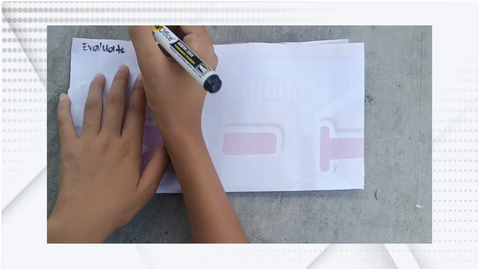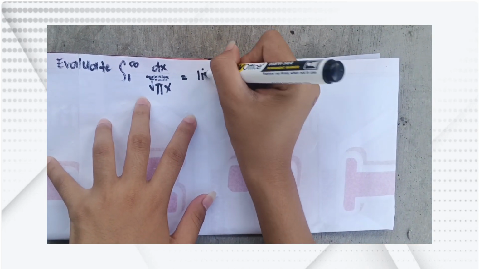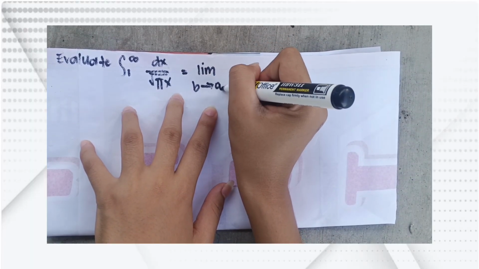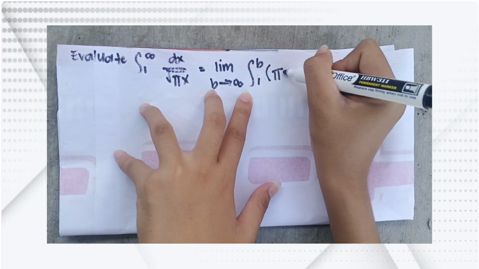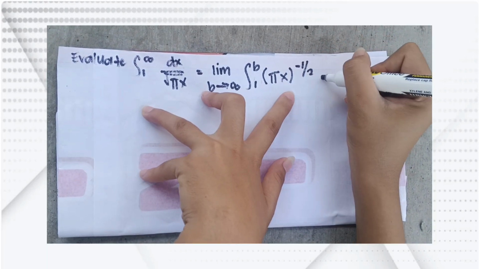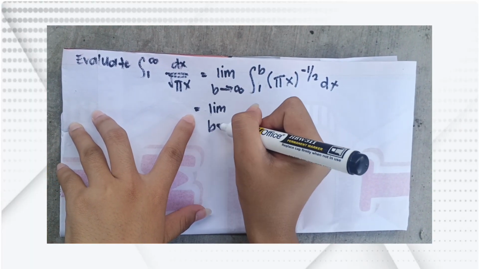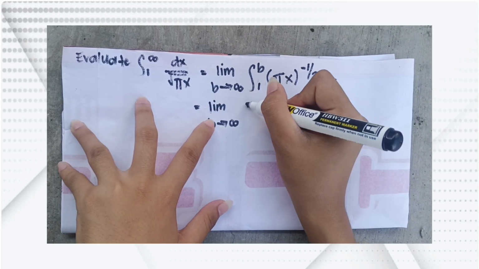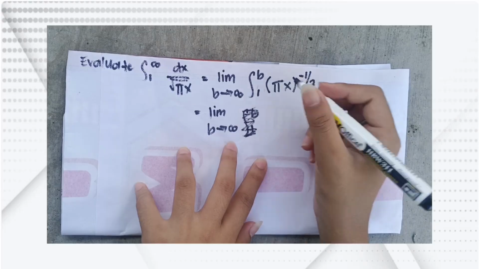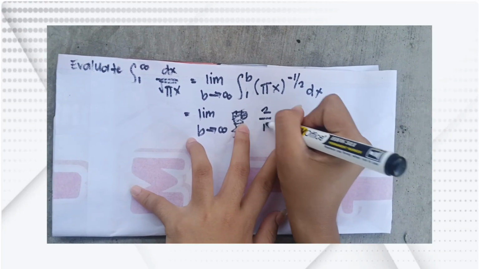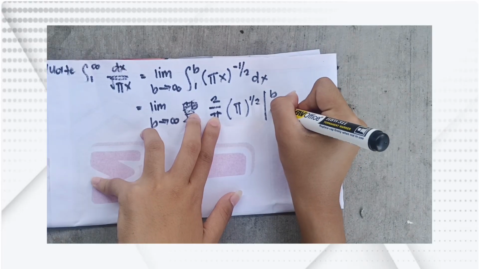First is rewrite the integral. It is equal to the limit as b approaches infinity of the integral from 1 up to b of pi x raised to negative 1/2 dx, which is equal to the limit as b approaches infinity of 2 over pi times pi x raised to 1/2, from 1 up to b.